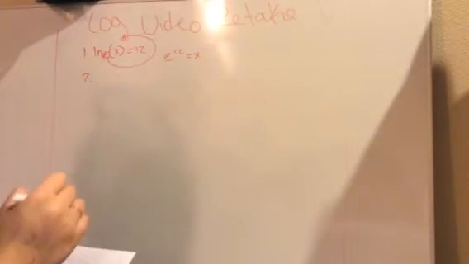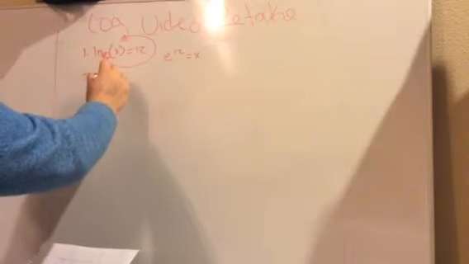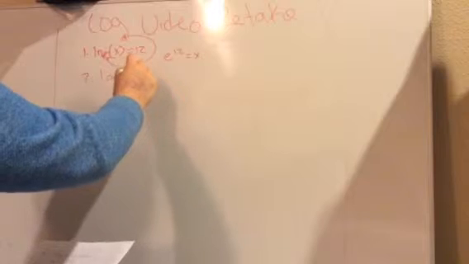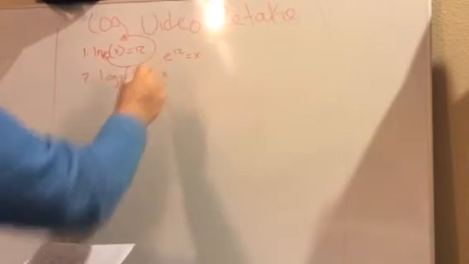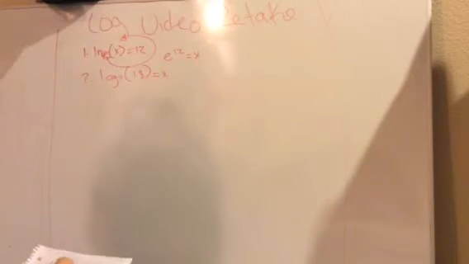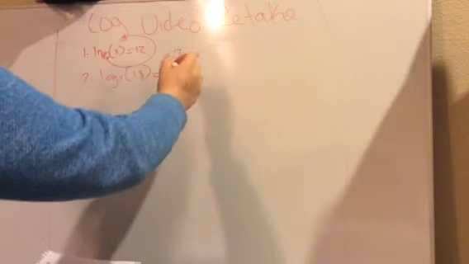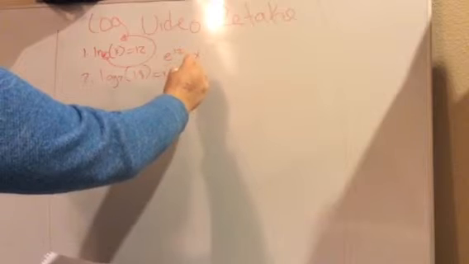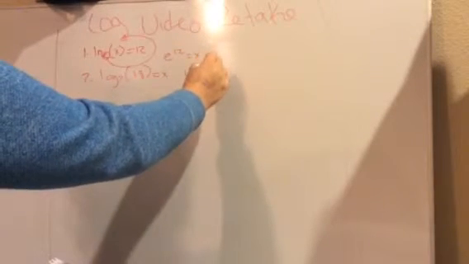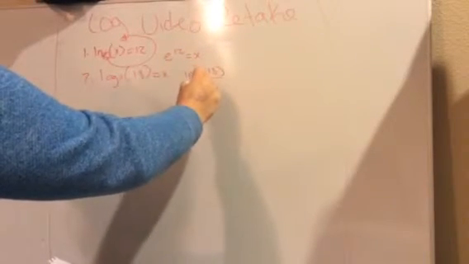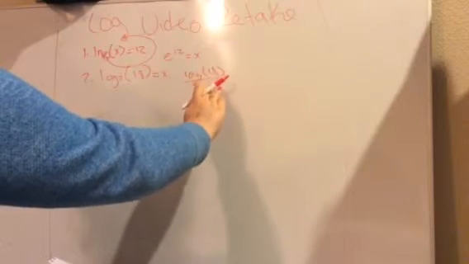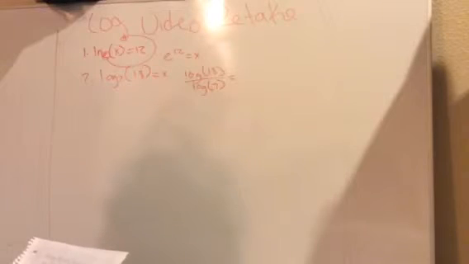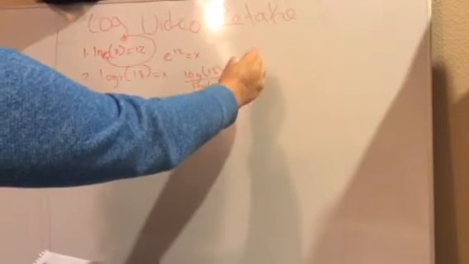Number 2, log base 7 of 18 equals x. It would be the same thing, the change of base formula, which would be log 18 over log of 7. You calculate that in your calculator, that's 1.48.